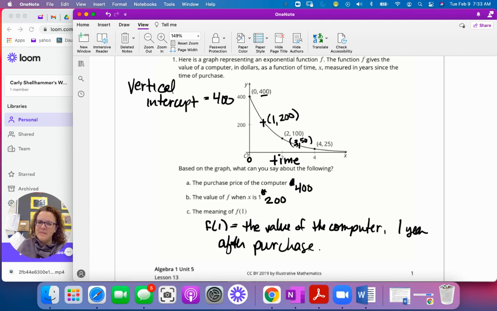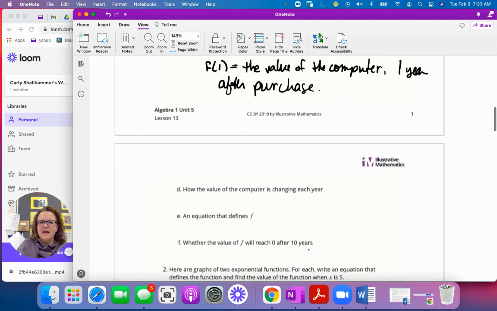Okay, that's what f of 1 means. How the value of the computer is changing each year: the value is decreasing by half. Each year, the value decreases by half the amount.